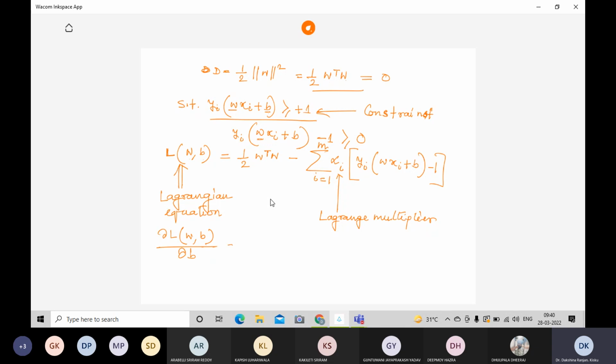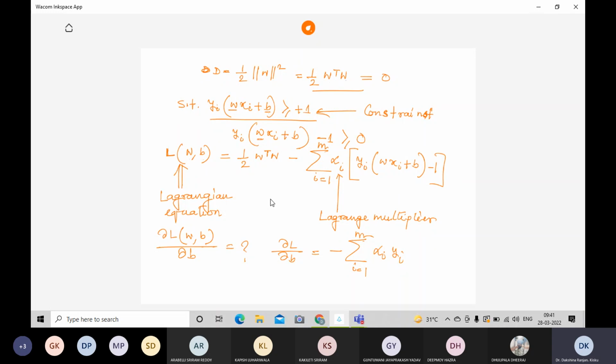Okay. So what will dL by db be? When we obtain the derivative dL by db, then we can have dL by db equals to minus summation over alpha i and yi. So you will obtain this.